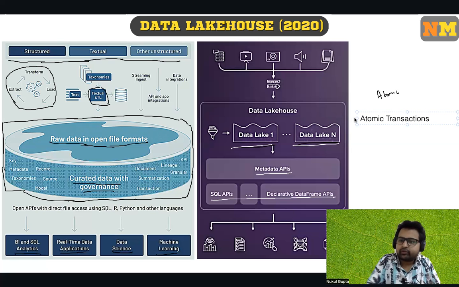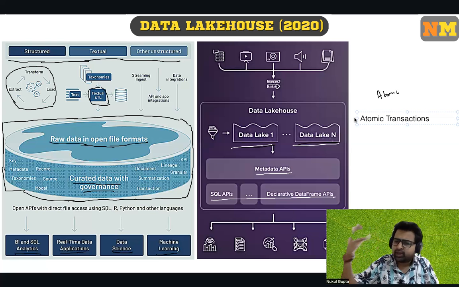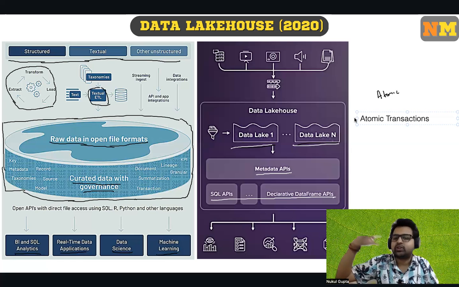And in a data lake you have to implement atomicity separately. You have to write the code for that, you have to manage that aspect separately, and many more aspects like that. So in short, we are convinced that the data lakehouse is the advanced version of the data lake with many more enhanced features like atomicity.